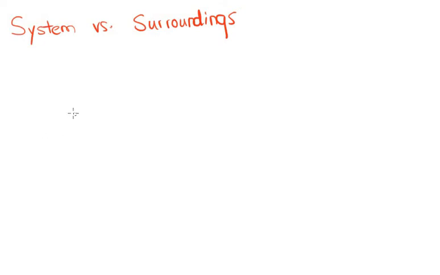So let's have an example where, let's say, potassium chloride is reacting with, let's say, sodium hydroxide or something, right? So they are in this little beaker, I mean Erlenmeyer flask, my bad. And they're reacting. They're in here.